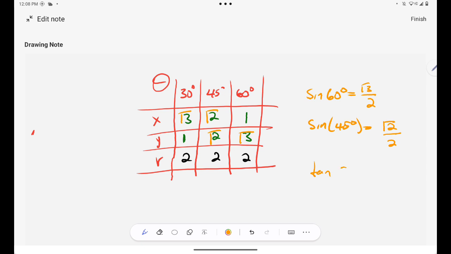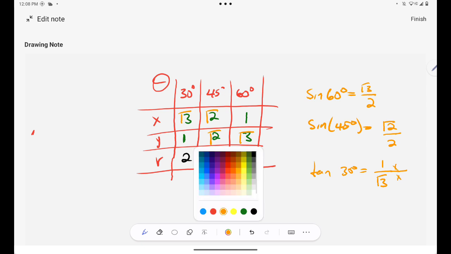When I want to find tan 30 degrees, the tan of 30 degrees is simple. I'll go to 30 degrees and check y over x. Y over x is equal to 1 all over the square root of 3. But in mathematics, we must not leave an answer with a surd in the denominator.